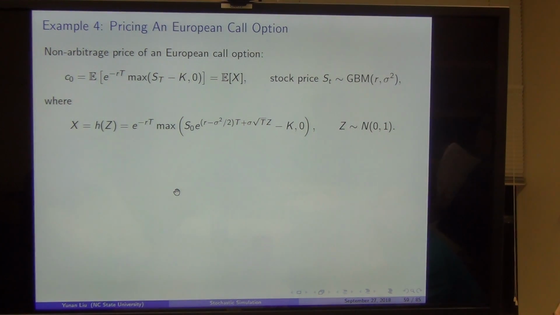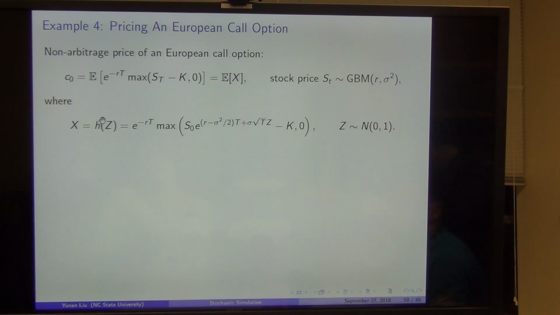The final example here is related to option pricing. Consider a European option, and the stock price evolves according to a geometric Brownian motion. Recall that for the European call option, the price C0 is equal to this formula.